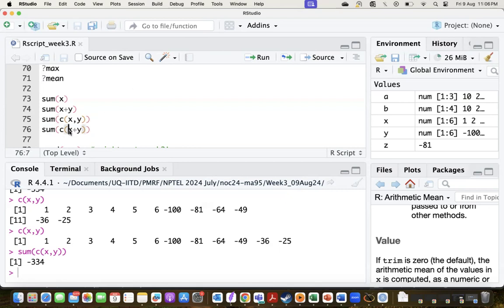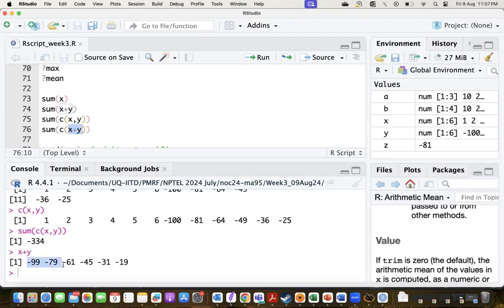The most inside of this was x plus y, right? We saw x plus y is basically element-wise addition. So you have 6 numbers and you have 6 more numbers, you add them up and you get a new set of 6 numbers. And then if I'm specifically saying combine, this is already combined.